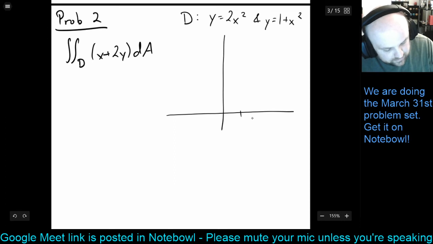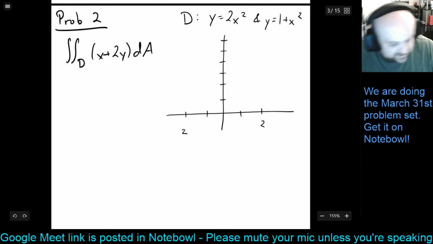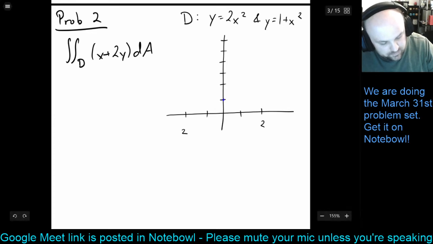So, when we do that, let's say here we have 1, 2, 1, 2. Let's see here. 1, 2, 3, 4, 5, 6. We'll see if that's enough room. Hopefully it is. So 1 plus x squared starts here and goes up here.